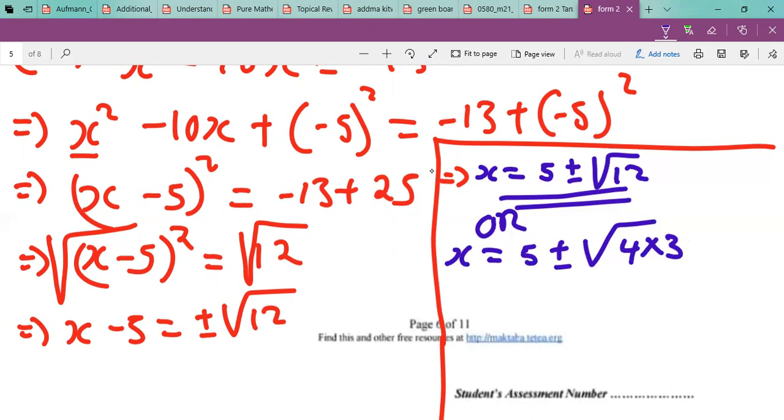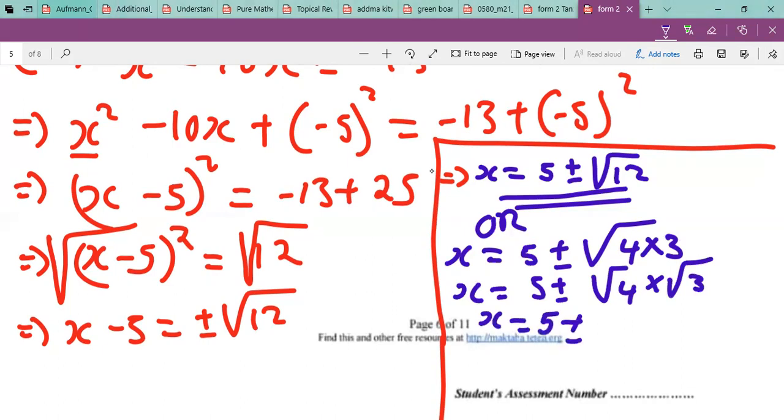This is the same as x is equal to 5 plus or minus the square root of 4 times the square root of 3. So this will be equal to 5 plus or minus 2 square root of 3 as our answer, since the square root of 4 is 2.